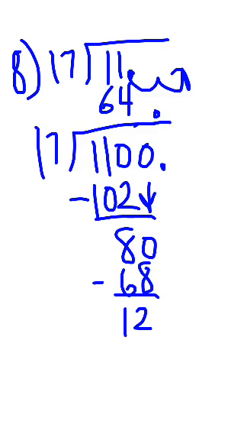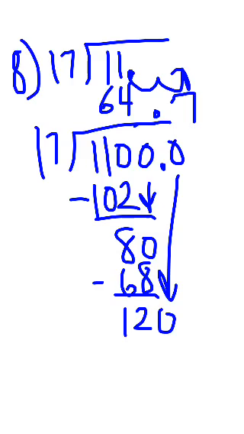The 4 is currently in the ones place, so we need to add another 0 and divide one more time. 17 into 120 will go 7 times. And we can stop and round our answer. Right, this would make it 65%.